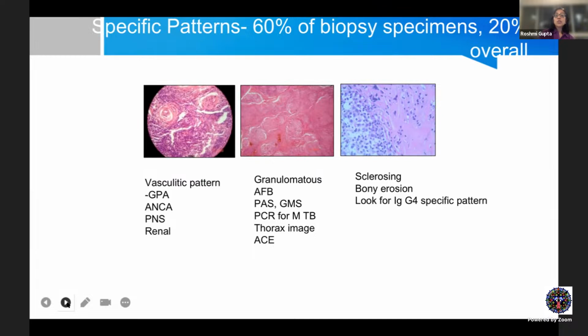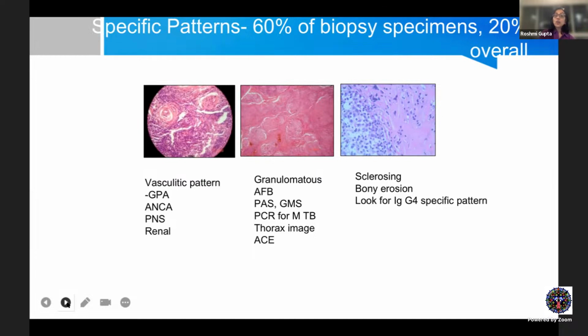If there is a vasculitic pattern, we will be suspecting a GPA. And so therefore, we are going to request an ANCA as well as imaging for the PNS, the lungs, and renal function tests should be checked.